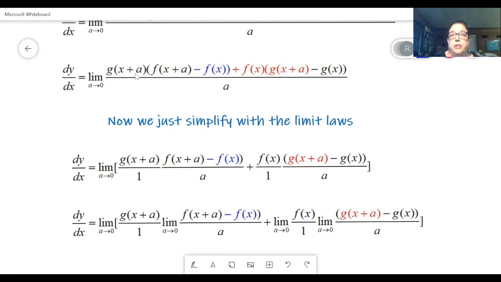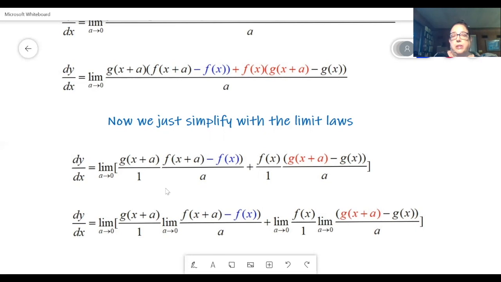I'm going to look at these first two terms. It's a product here, right? So I'm going to make it g of x plus a over 1 times this slope of the secant on f. Plus, now we have a plus here so we can separate them into two fractions, and this part's a product. So f of x over 1 times what is clearly the slope of the secant at g.